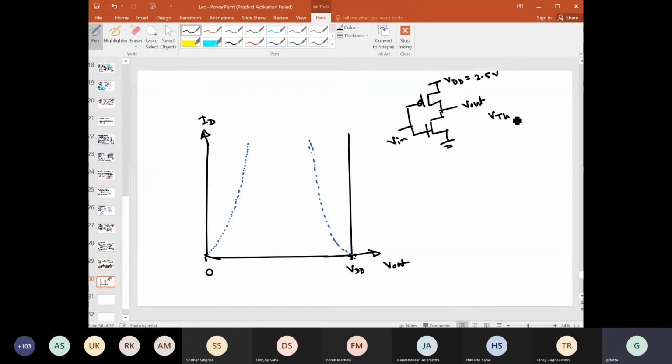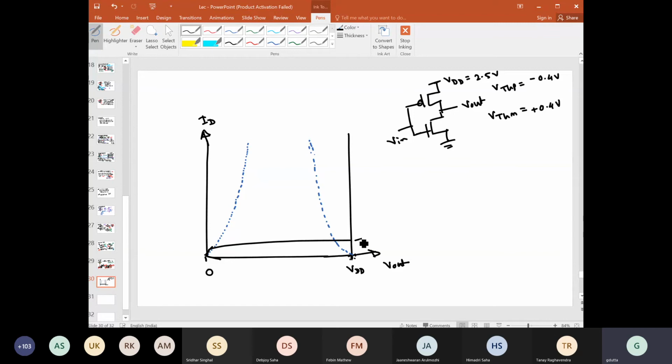And VTHN, the threshold voltage of this NMOS, is plus 0.4 volt, and VTHP for this PMOS is minus 0.4 volt. Okay, suppose it is like this. Then if suppose we have applied 0.5 volt, then it is a bit higher, so it can actually give this characteristics to me, right?